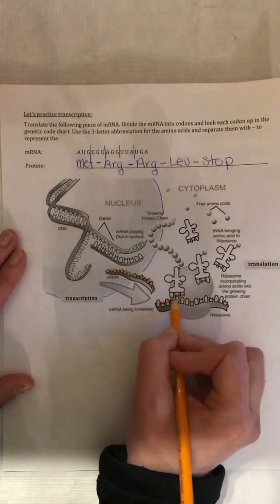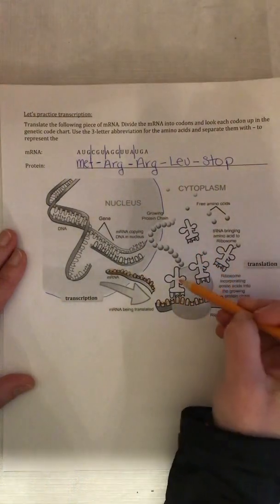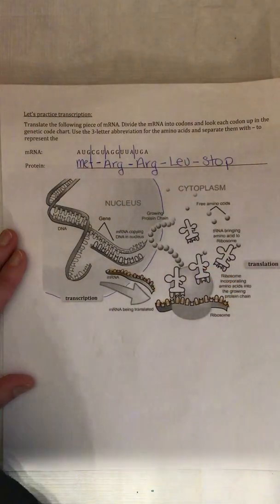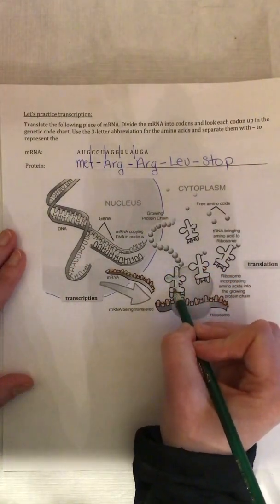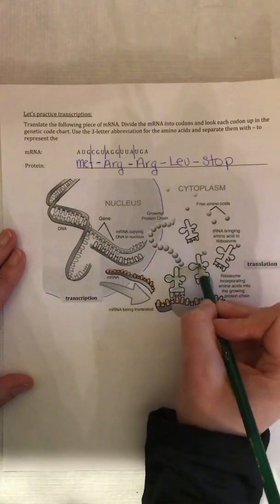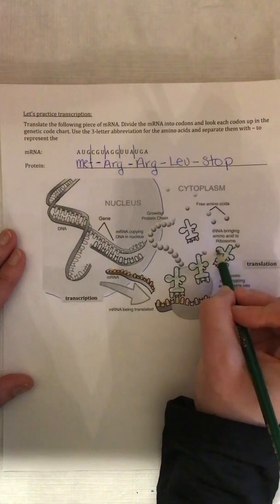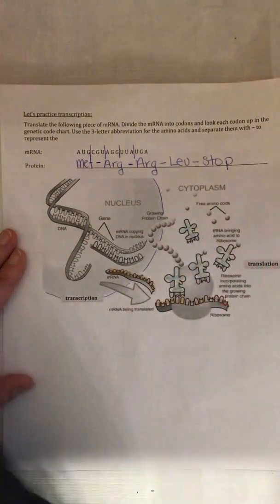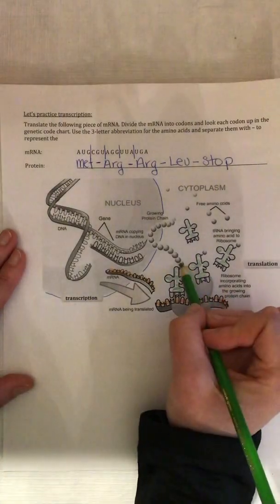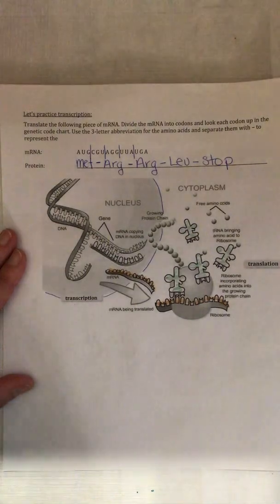Our mRNA then travels to the ribosome. And then we have our tRNA molecules that all bring the correct amino acid to each codon so that you can ultimately create a growing protein chain. And that's how a protein is made.